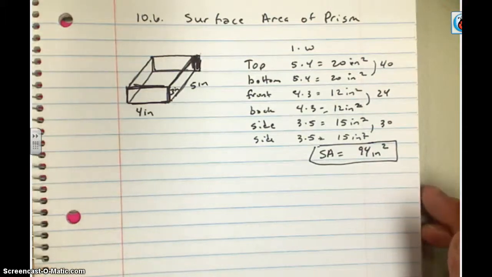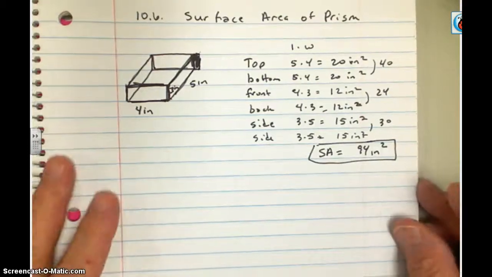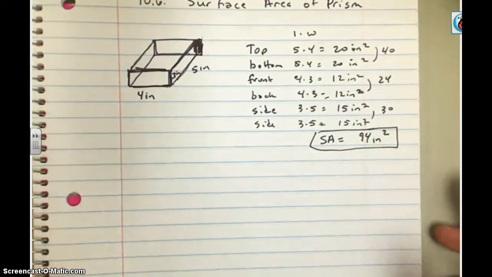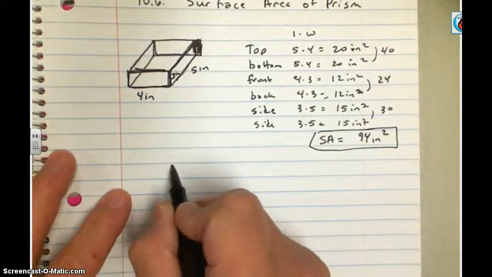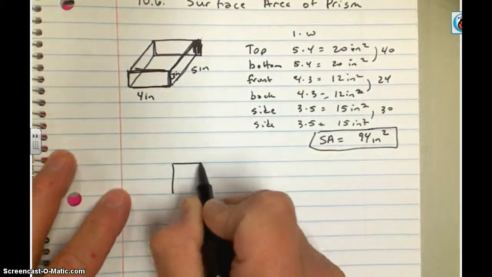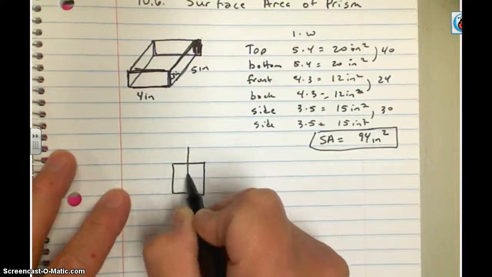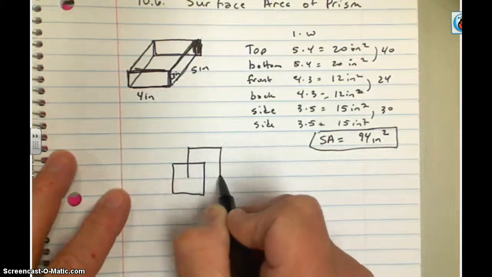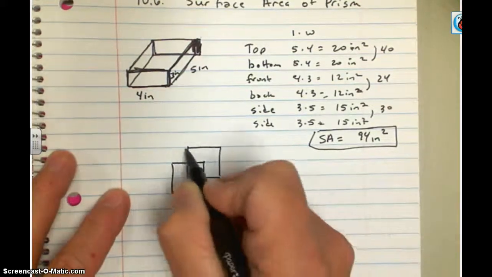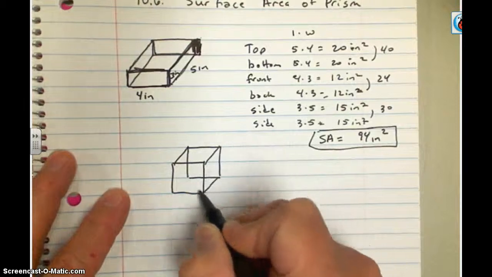Now let's move on to another example. Just to do it one more time, let's do another example of a prism, and connect the vertices or corners.